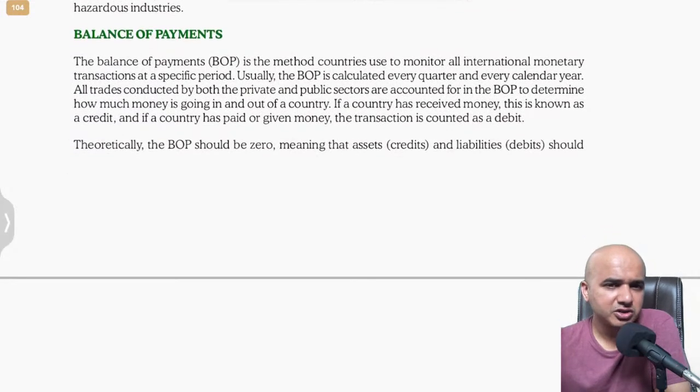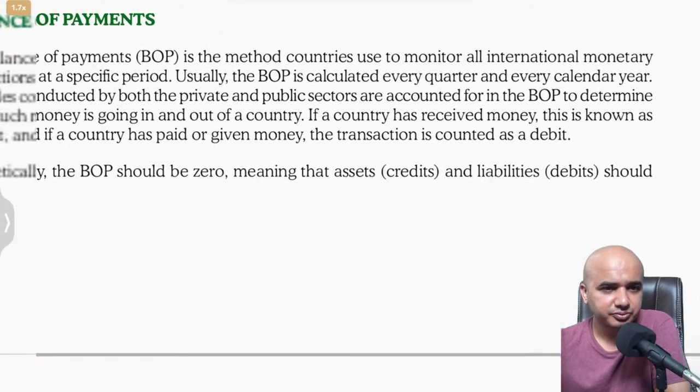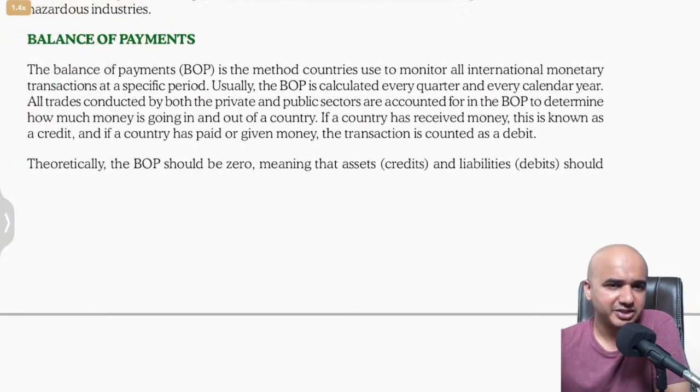The balance of payments is the method countries use to monitor all international monetary transactions at a specific period. Usually, in balance of payments, we calculate how much we imported and how much we exported, which is more, which is less. Usually the balance of payments is calculated every quarter and every calendar year.